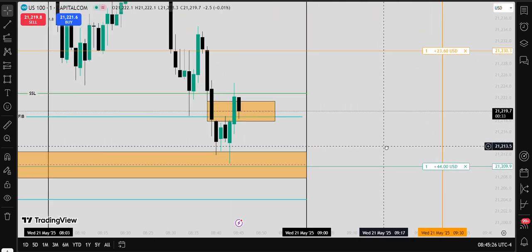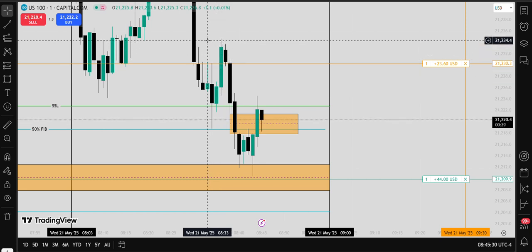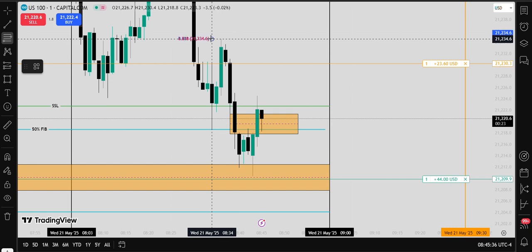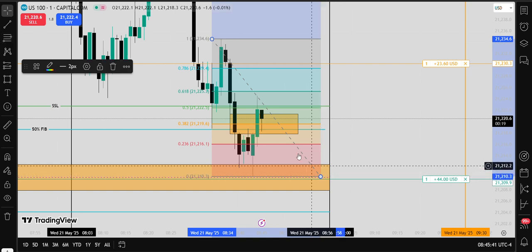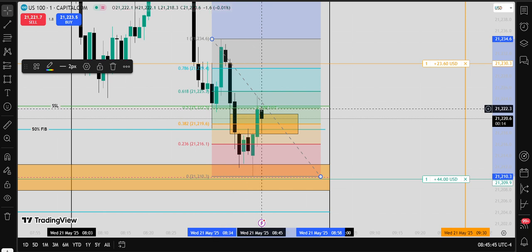Even if I was to explain this mini section that is from here to here, if I was to measure this run to that fair value, we can see clearly that the market has retraced 50%.